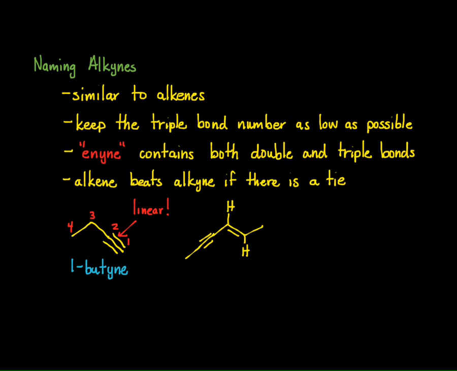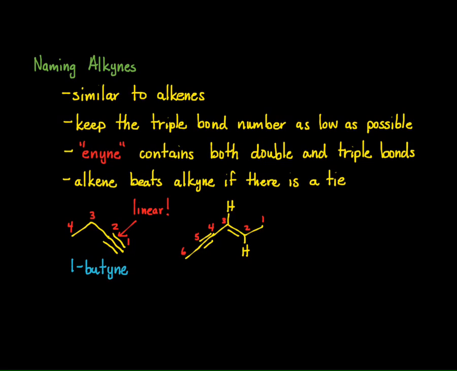When I number this chain, if I start on the left-hand side, 1, 2, so 2 would be the lowest location. If I start on the right side, 1, 2, again 2 would be the lowest location. So which direction do I choose? Remember, alkenes beat out alkynes, and therefore I number this from the right, 1, 2, 3, 4, 5, 6. So the alkene is on carbon number 2, the alkyne is on carbon number 4.